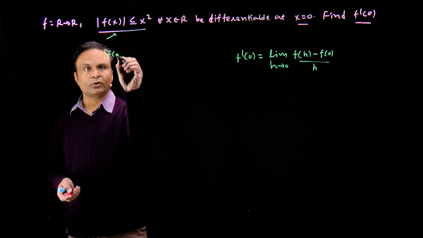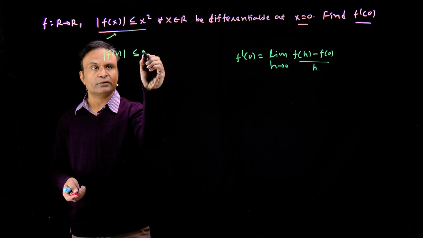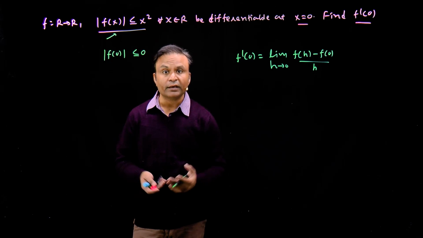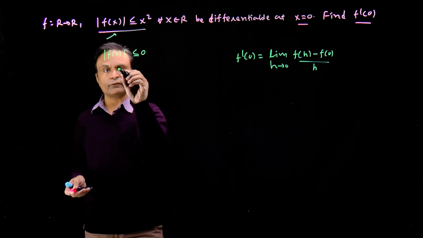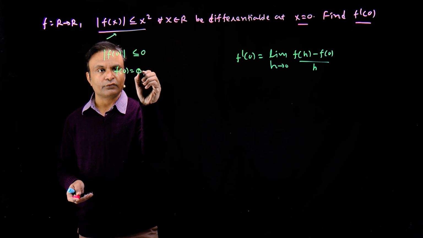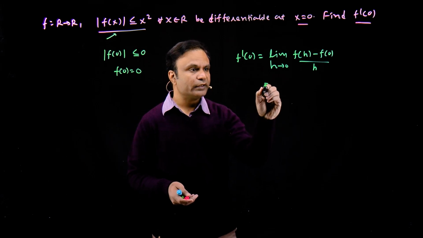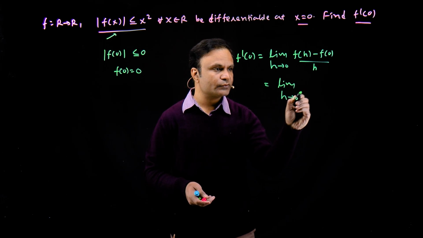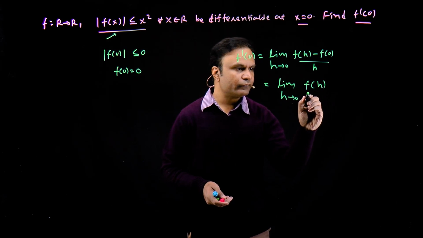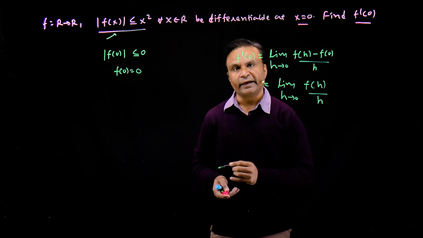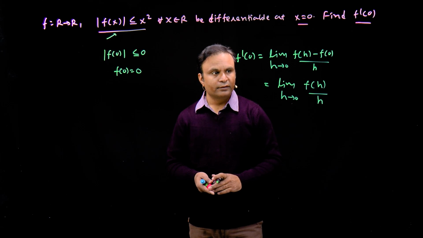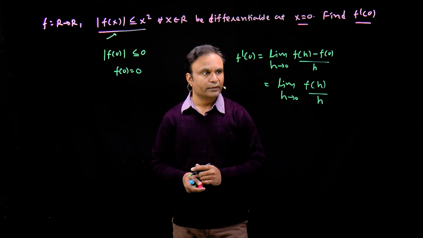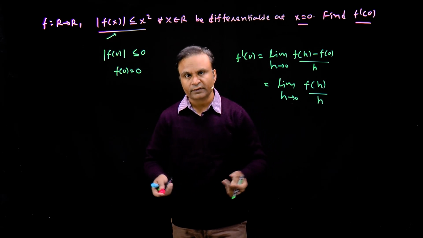So we get modulus of f of 0 less than or equal to 0. Now modulus of f of 0 can't be negative. So f of 0 is equal to 0. So actually we have now f dash 0 as limit h tends to 0 of f of h upon h. Okay, how can we get this? If we can get this, we get the value of f dash 0.